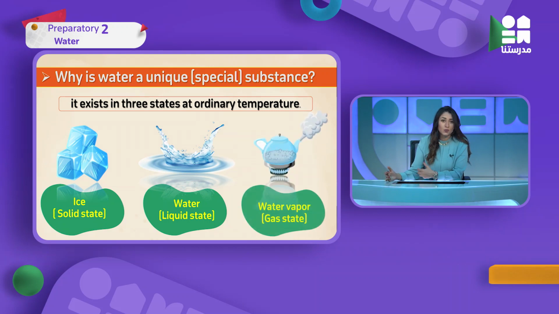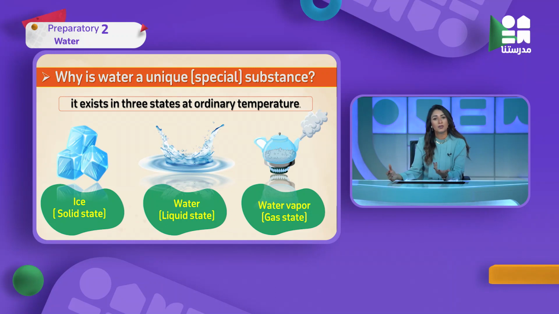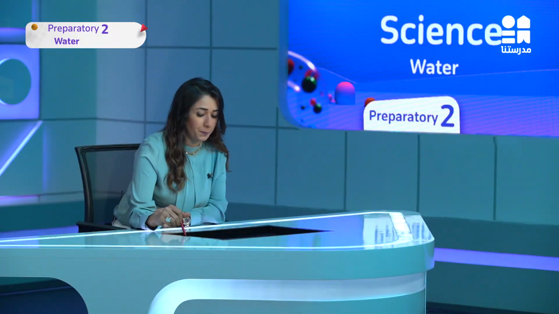And as water vapor, as a gas. So what makes water very special? That it exists in 3 states at ordinary temperature. Solid when it's ice, liquid when it's water, and gas when it's water vapor.